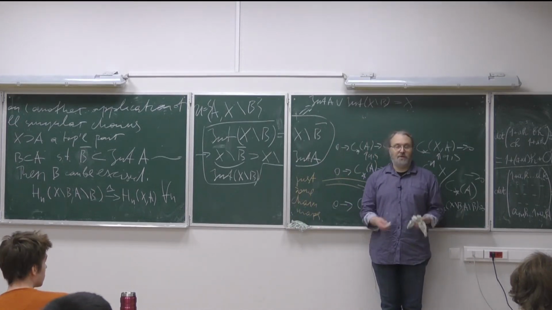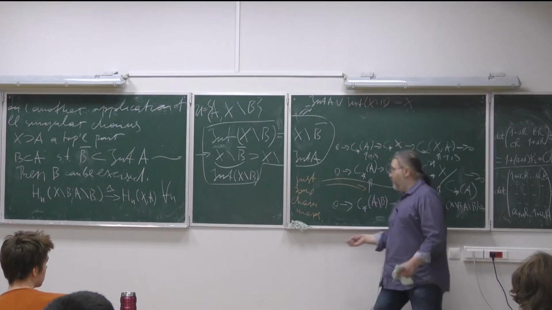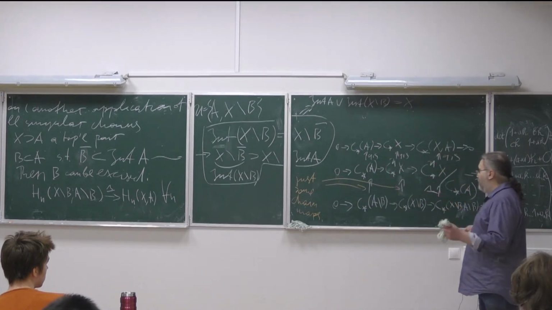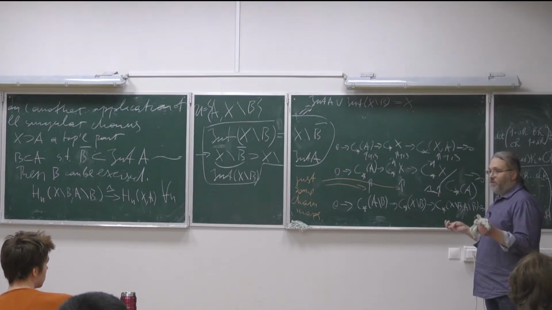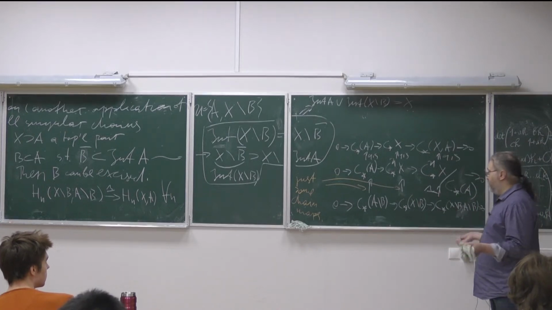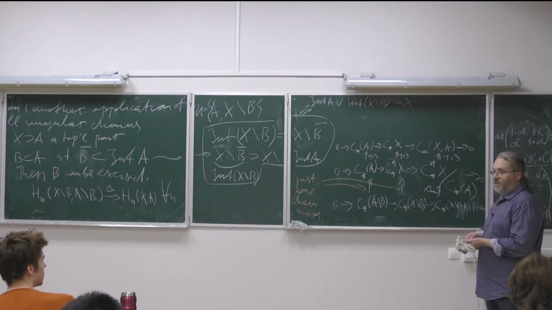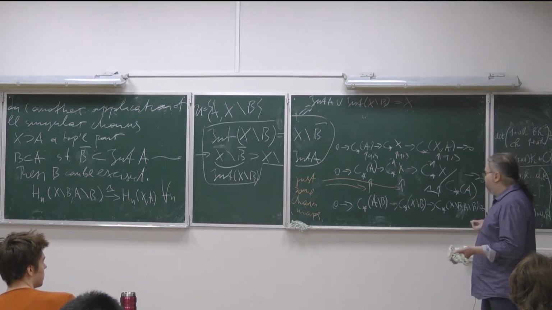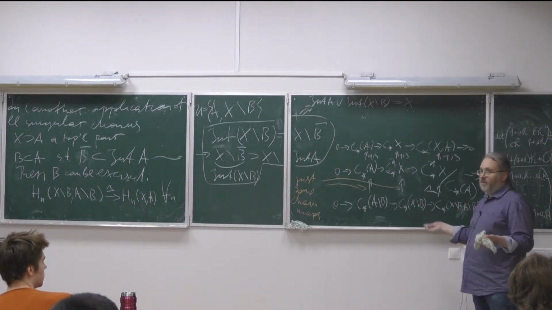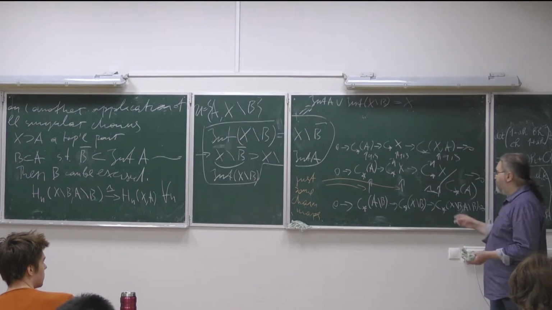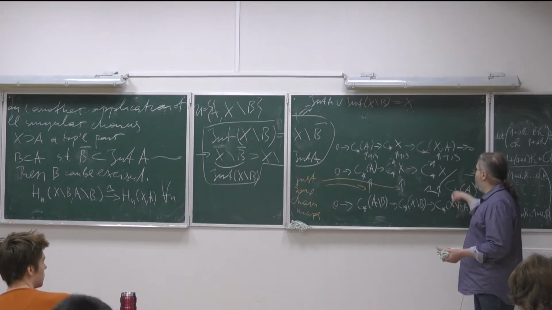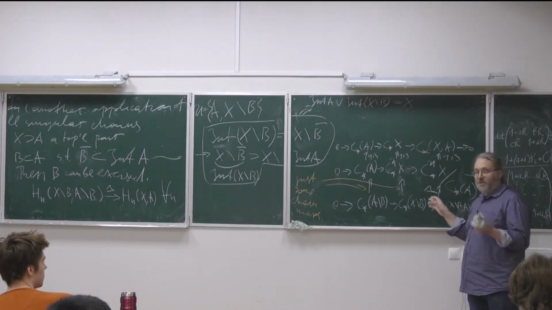They are just some maps. But the one on the right is not just a quasi-isomorphism, it's an isomorphism, which can be seen by just looking at what happens with this complex and this complex as abelian groups.